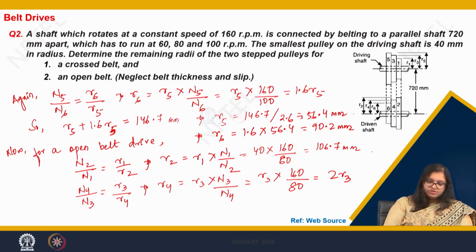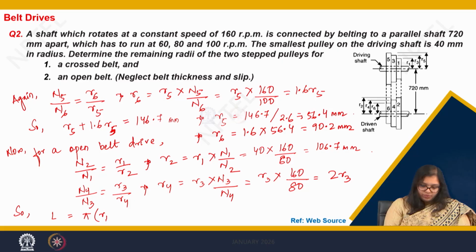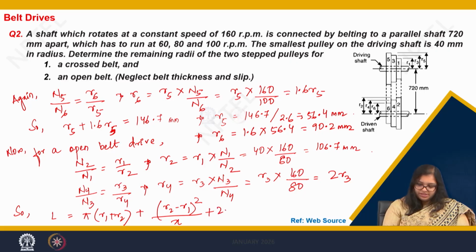So for open belt drive, what we know is that L is equal to pi times R1 plus R2, plus R2 minus R1 square by x, plus 2x.